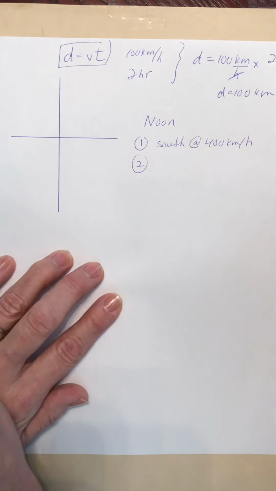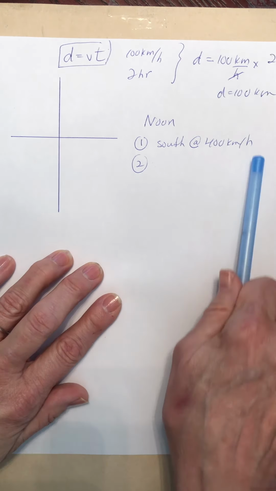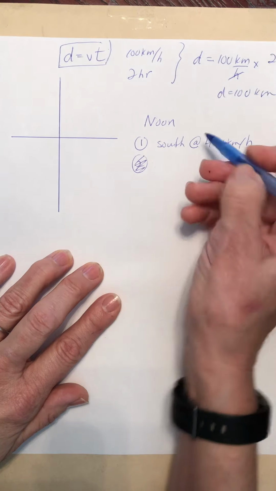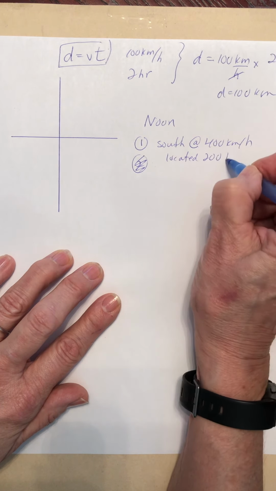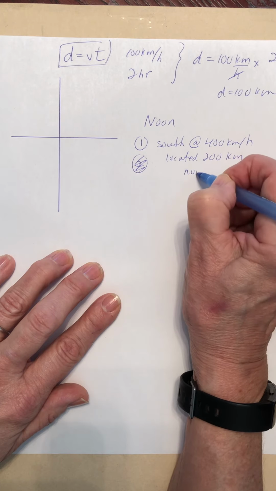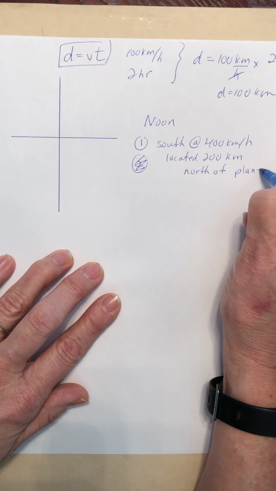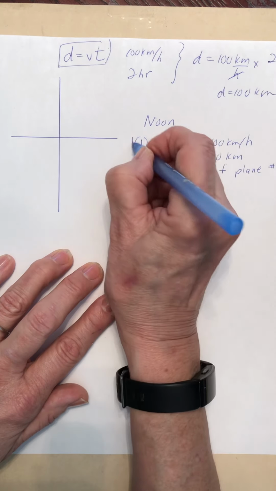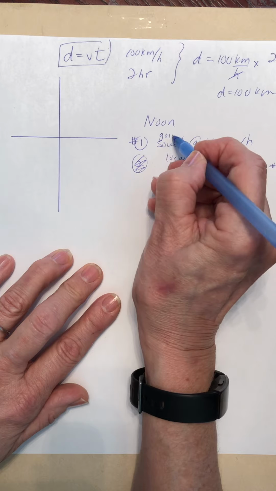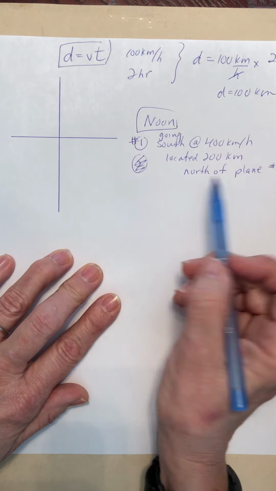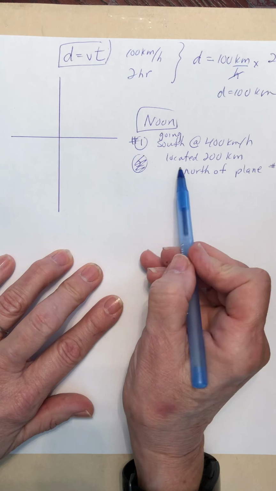Okay, plane number 1 is traveling south, it's noon, he's going south at 400 kilometers an hour, but there's another plane.